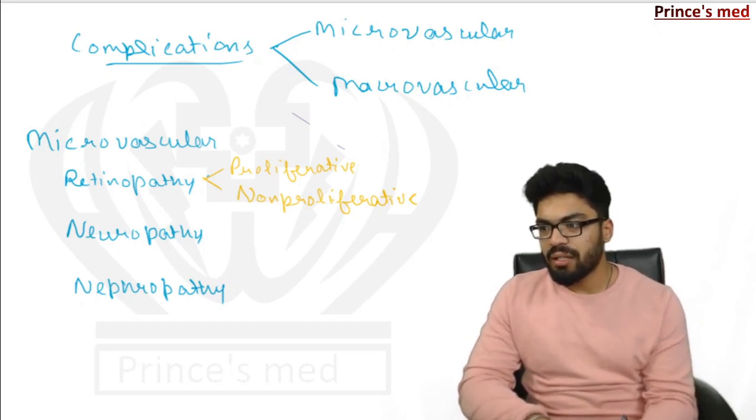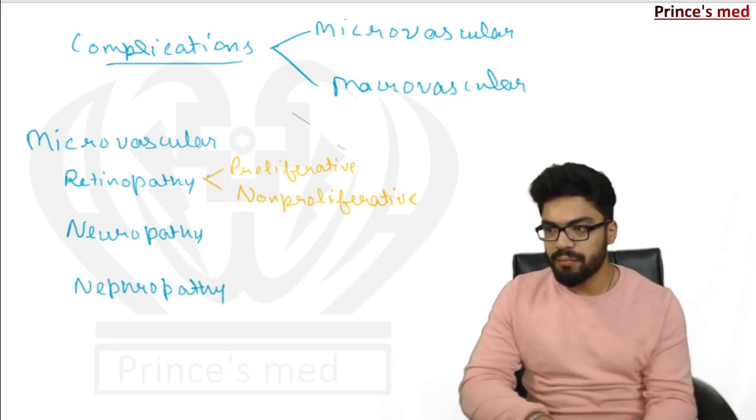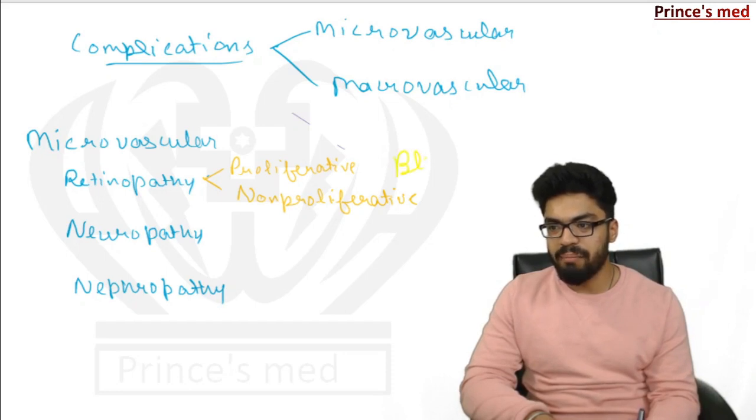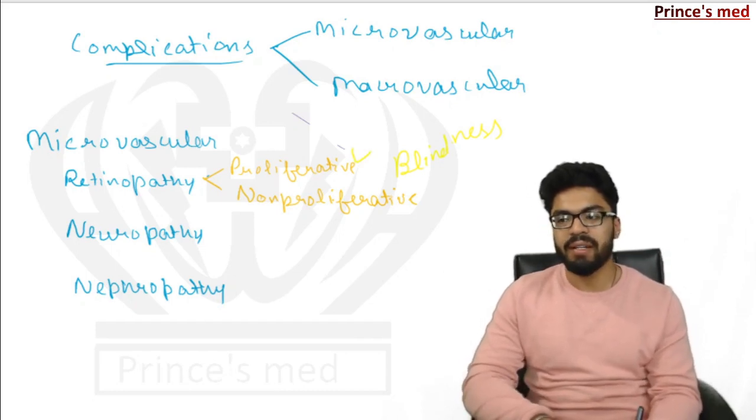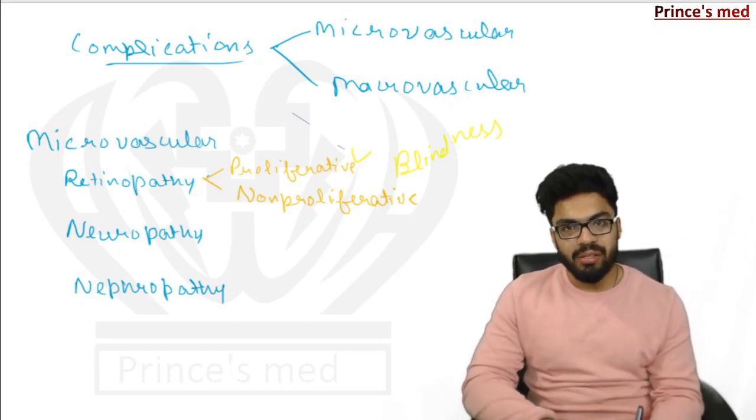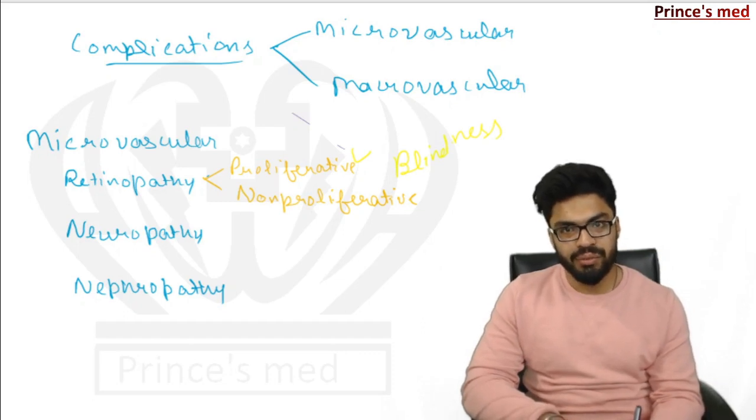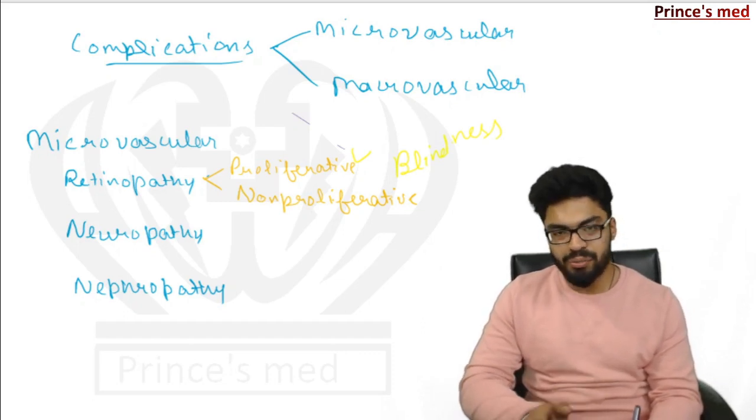In retinopathy, we have blindness in the patient. Why? In the proliferative case, it is due to neovascularization, which leads to retinal detachment.